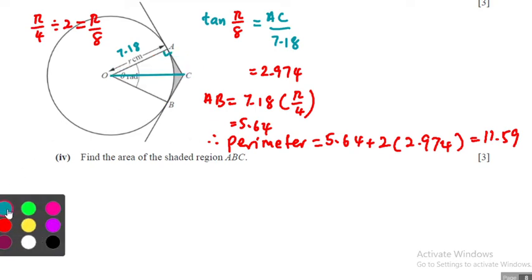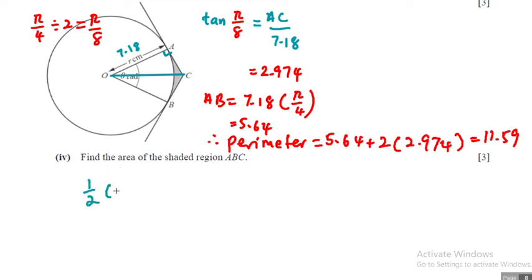So what do I do? I'll get the area of the kite, half times base times height. So I write here half times AC. What's AC? AC is 2.974. So 2.974 times 7.18, and then I just times 2 because there are 2 triangles, right?